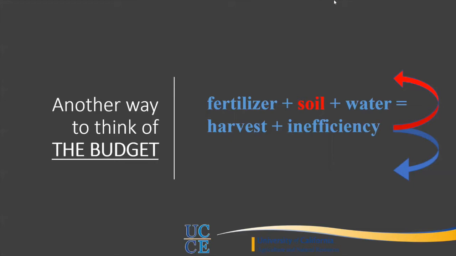Now, in this graphic, you can see some arrows that emanate from inefficiency. One arrow, the blue arrow going down, is supposed to represent inefficiency of nutrients that leave the system that are not used by the crop. Either they leave through volatilization, they might be leached, they might be lost through runoff or wind erosion.